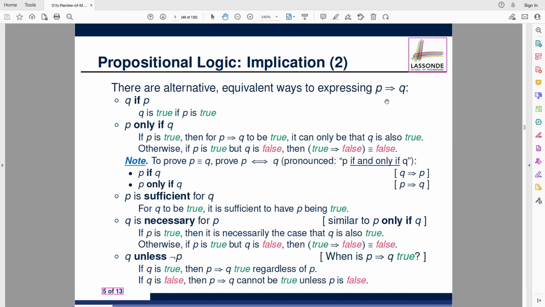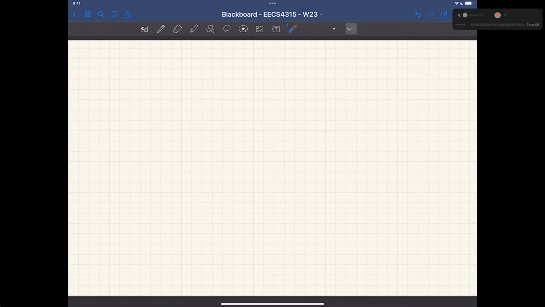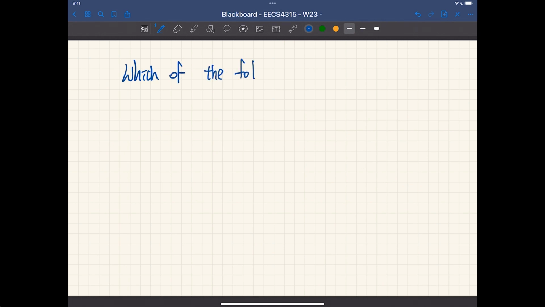One very simple exercise you can do, for example, is like this. I might say something like, which of the following expressions are equivalent to P implies Q?